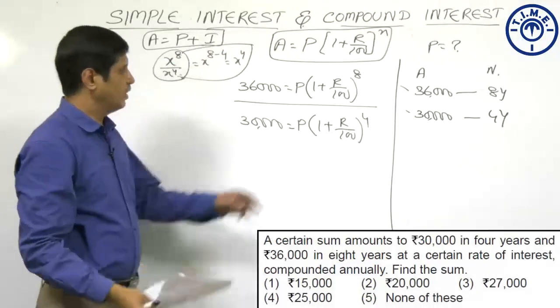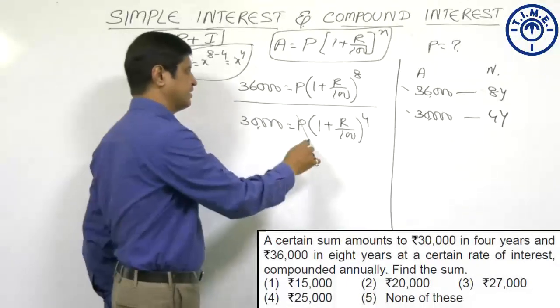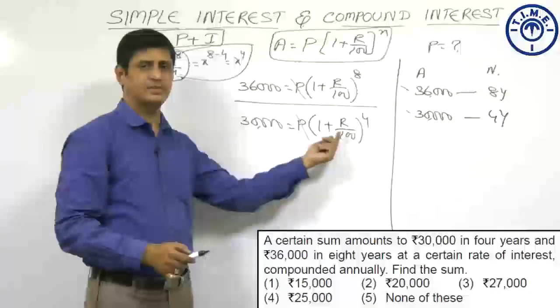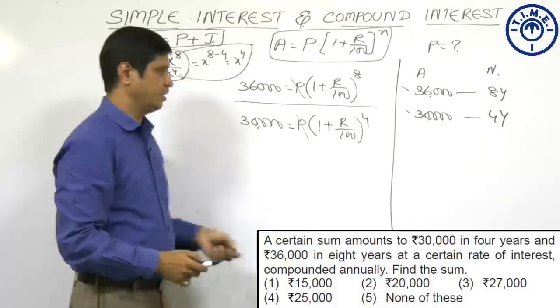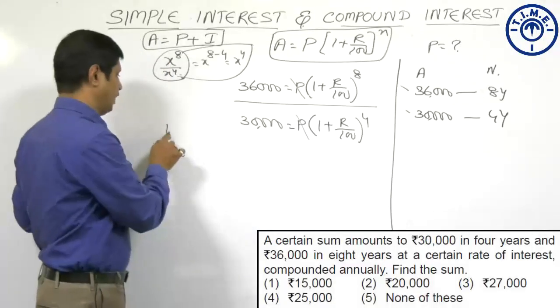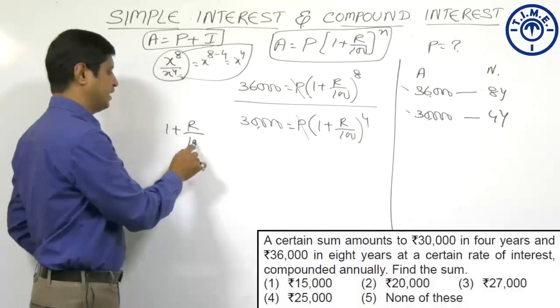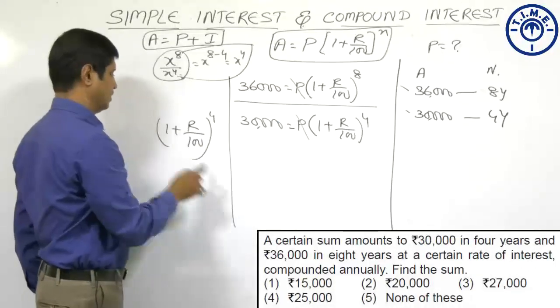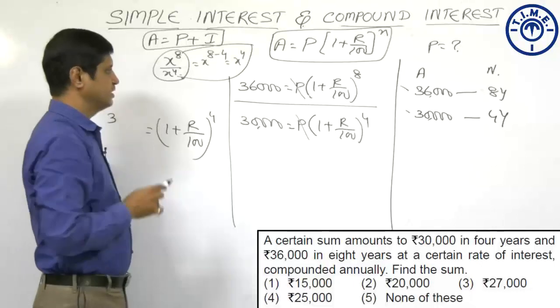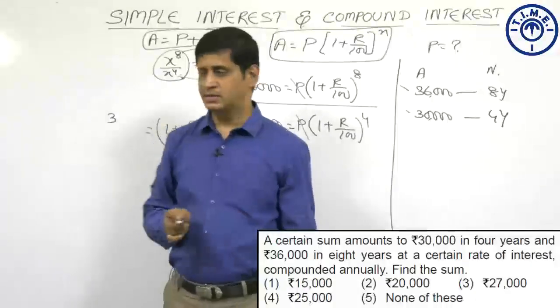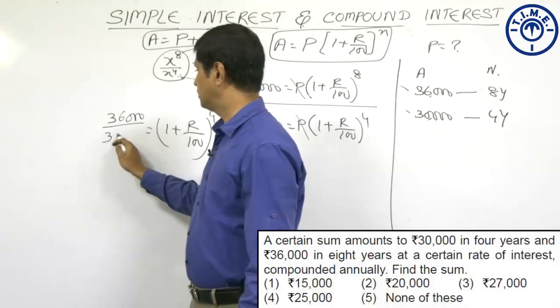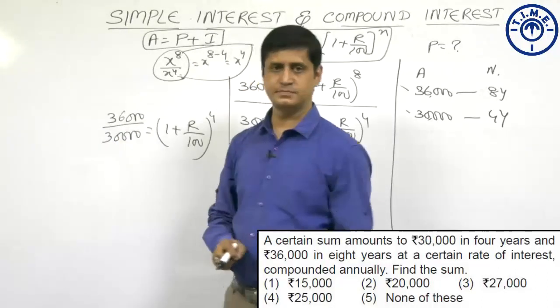In the same way, now P and P get cancelled. What is remaining? 1 plus R by 100 whole power 8 by 1 plus R by 100 whole power 4 results in 1 plus R by 100 whole power 8 minus 4, which is 4, equal to 36,000 by 30,000.